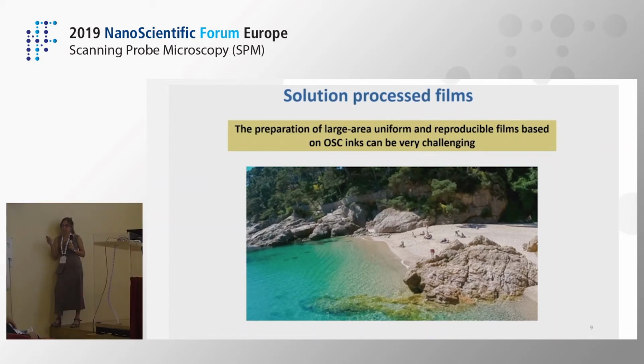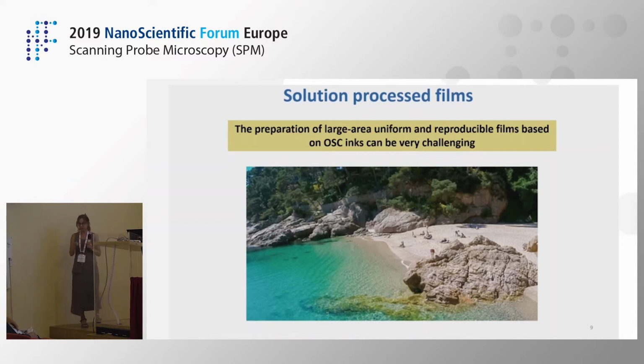And this is a challenge because for those soluble molecules which can be processed in solution, the strong trend of crystallization of the molecules and the low viscosity of the solution somehow is giving a lot of the wetting problems and the formation of large crystals, which makes that the films are not continuous and not uniform.